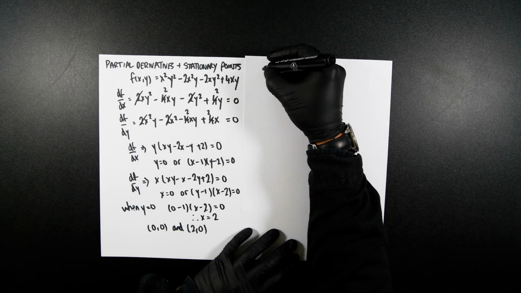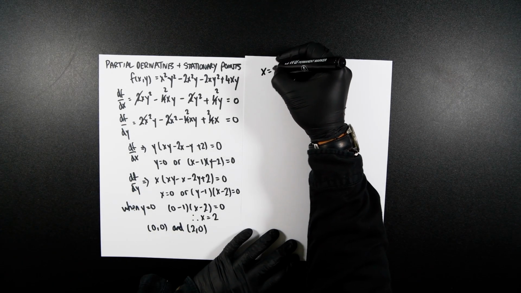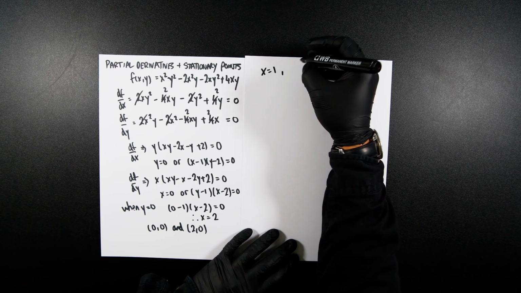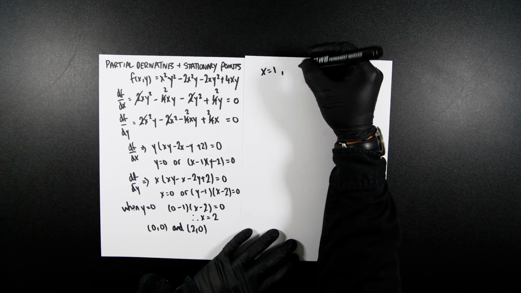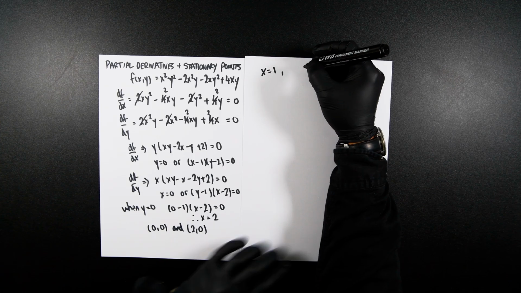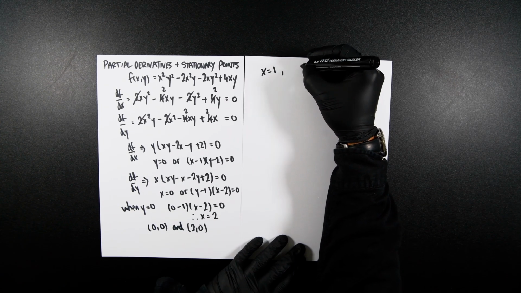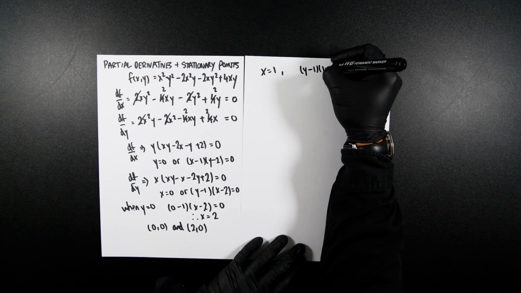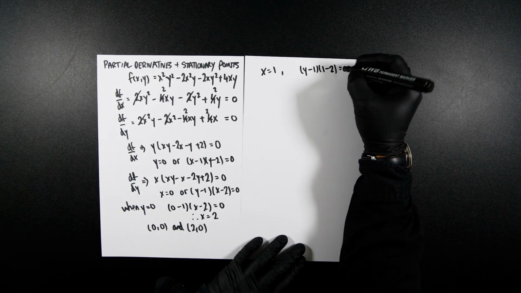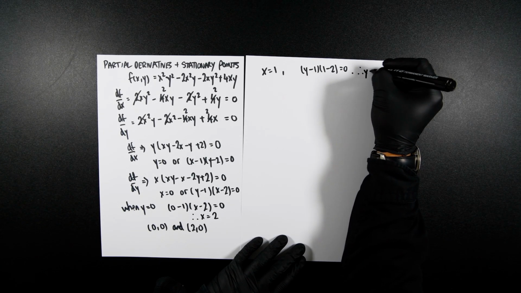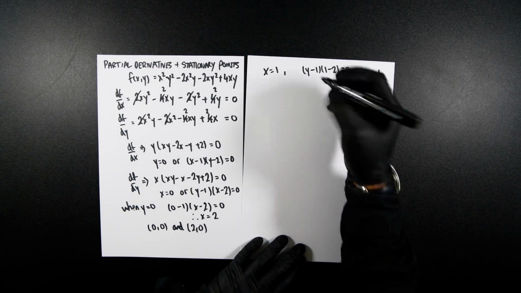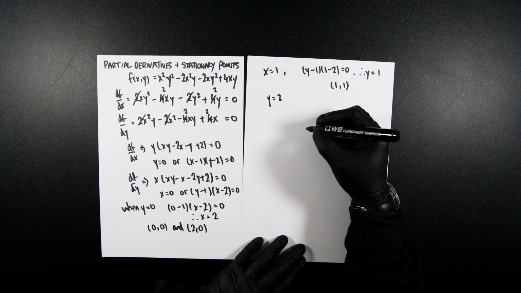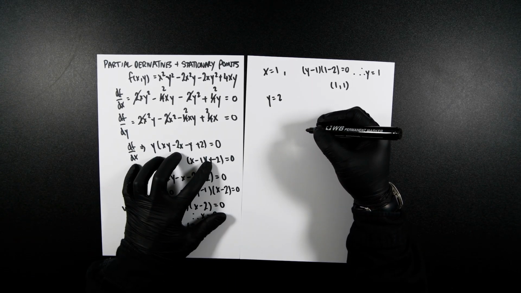So when x equals 1, for the df/dy, you're going to get (y minus 1)(1 minus 2), which equals 0. So therefore, y would equal 1. So that's another point. And then we also have another solution, which is y equals 2 over here.